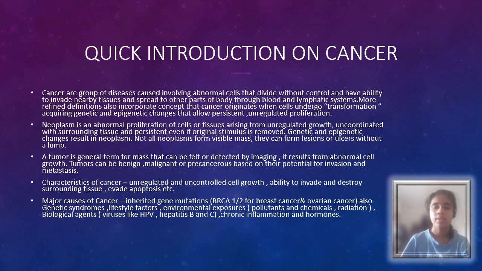We all know cancers are a group of diseases caused primarily by abnormal cells which divide uncontrollably, and they have the ability to invade nearby tissues and spread to other parts of the body through your blood and lymphatic systems.